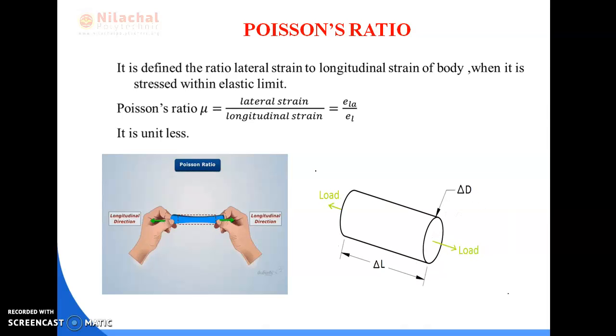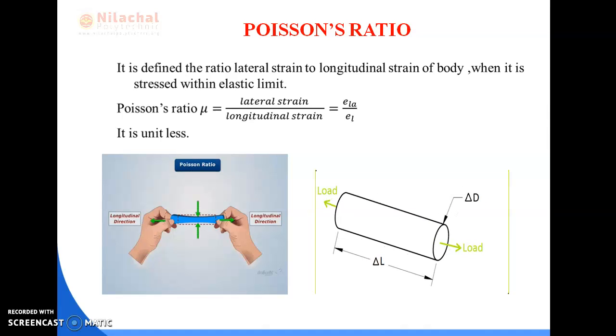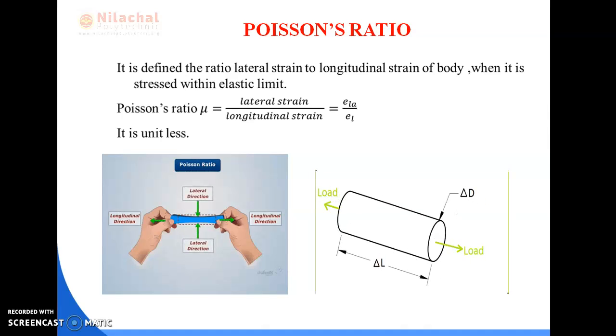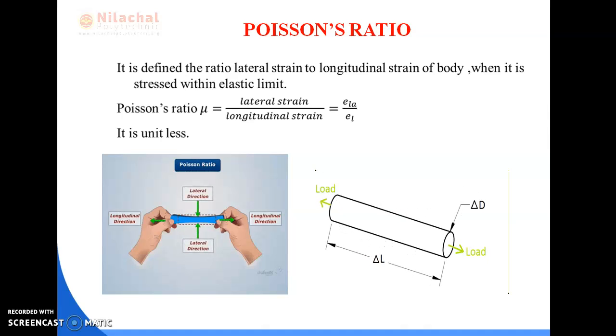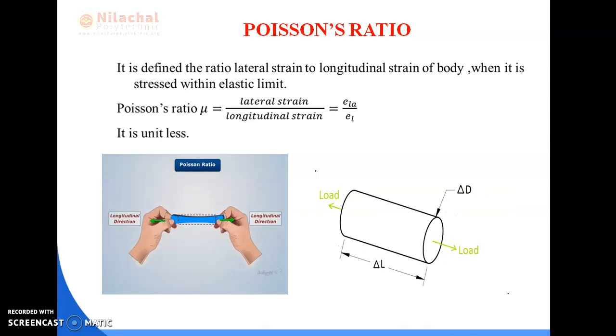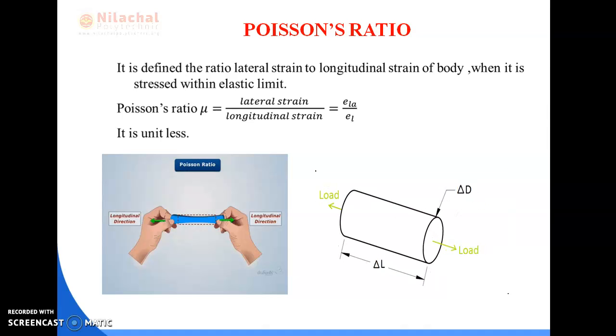During the change in length of the material, the diameter of the material is going to decrease, and the strain along the diameter is known as your lateral strain. Along the length the load is known as your longitudinal load, and that strain is known as your longitudinal strain.